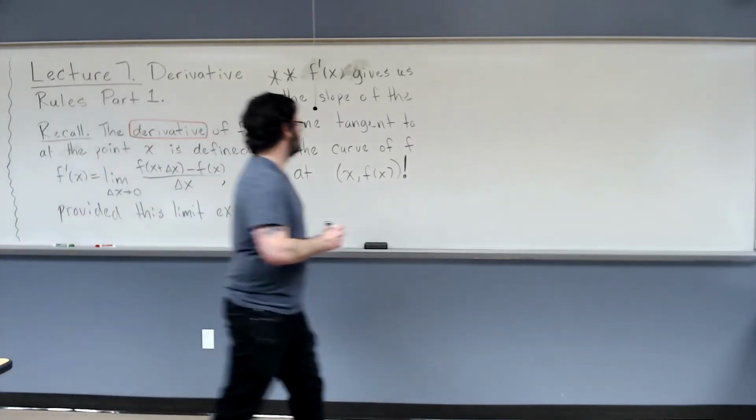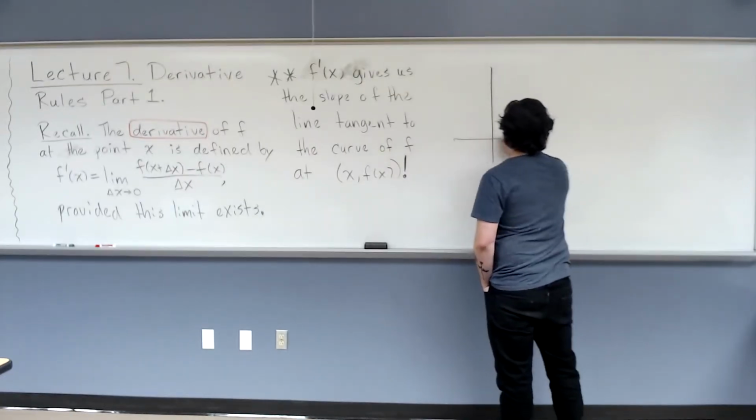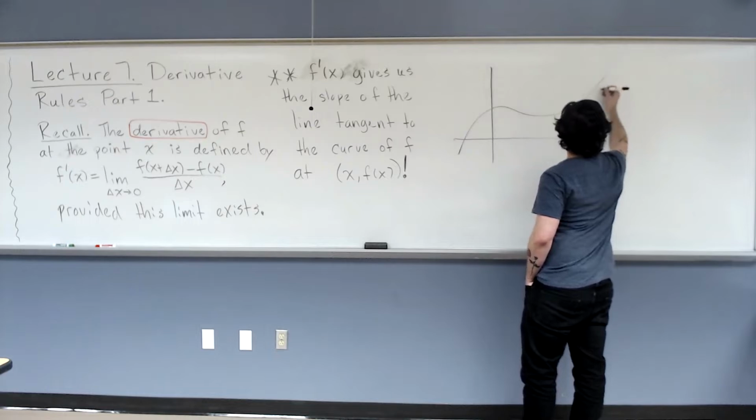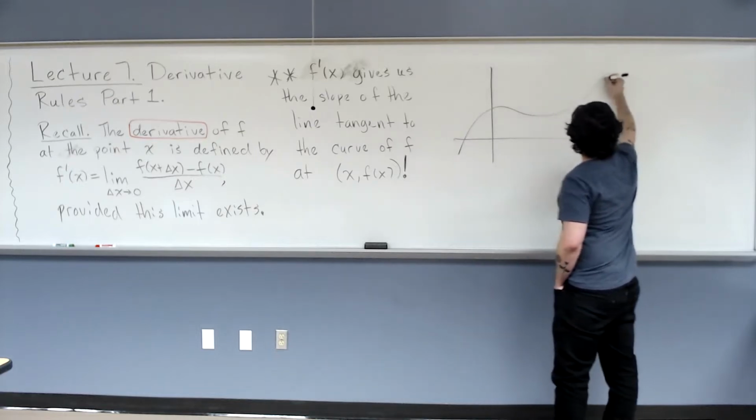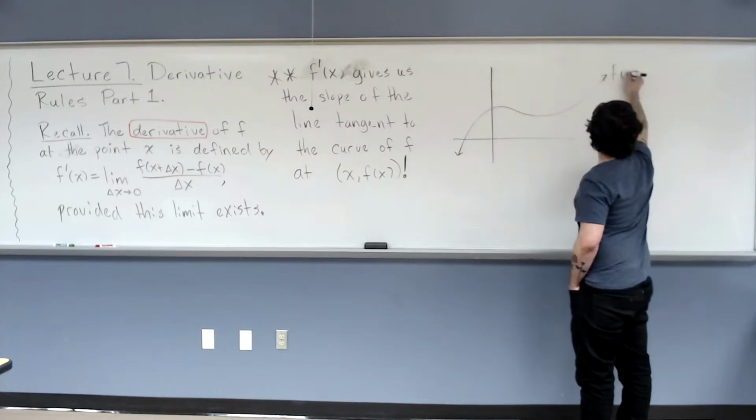So for example, if we're observing some curve like that, right? The graph of some smooth function f.